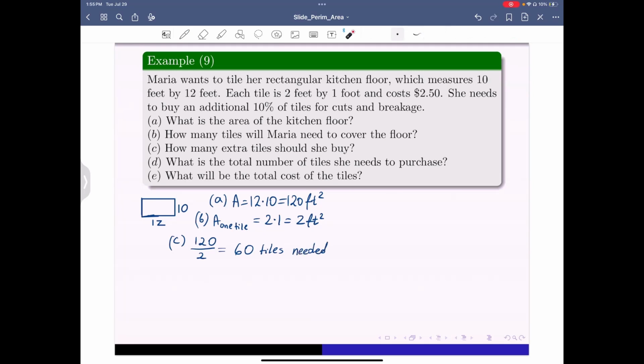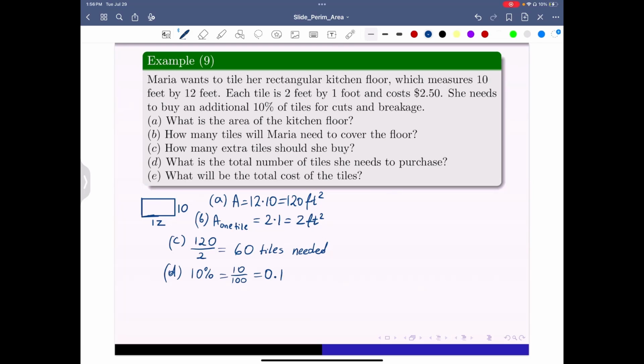Now, for part D, if she wants an additional 10%, let's calculate 10% of 60. First we're going to change 10% to a decimal. So this is 10 divided by 100, which is 0.1.